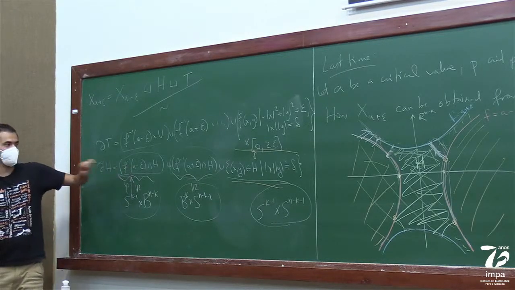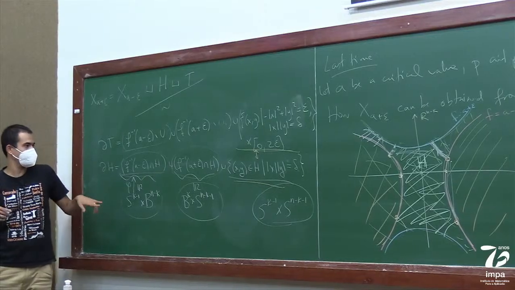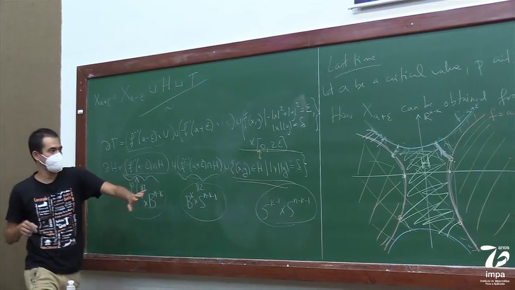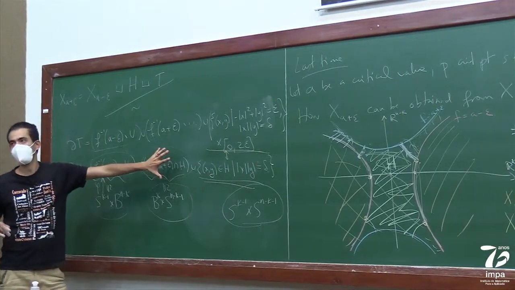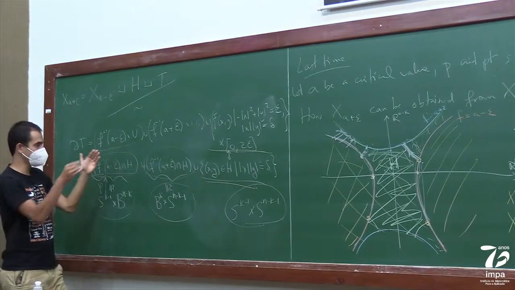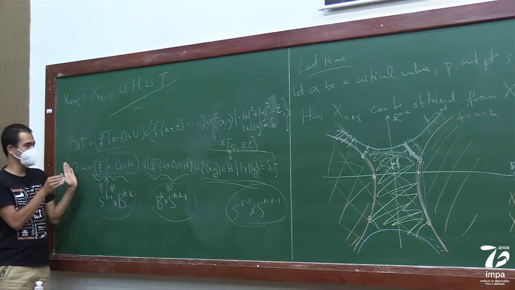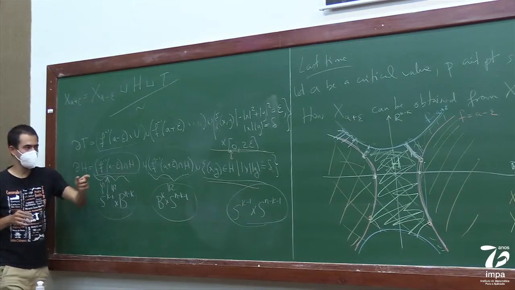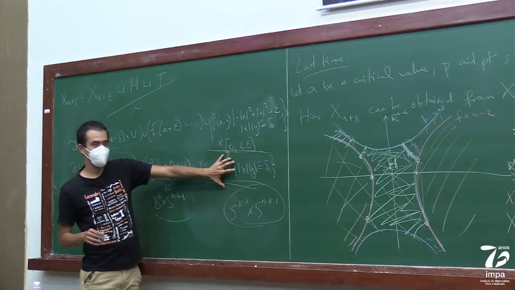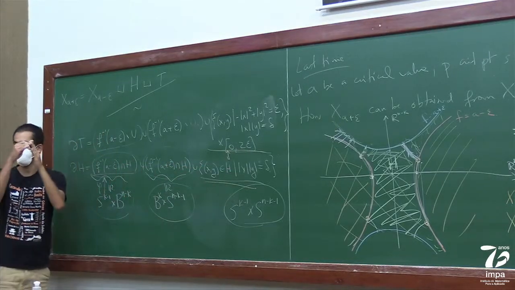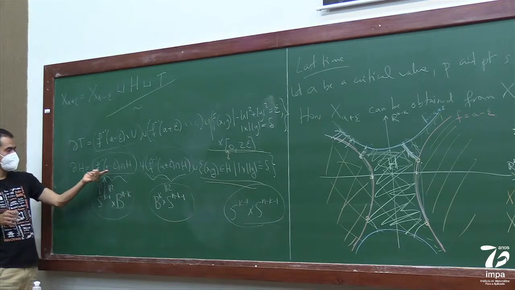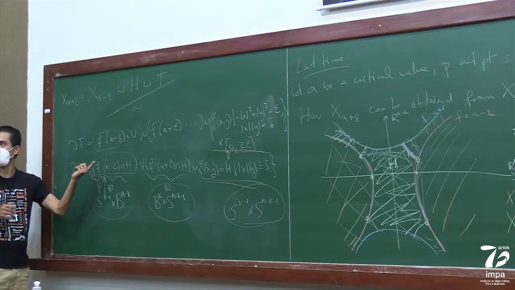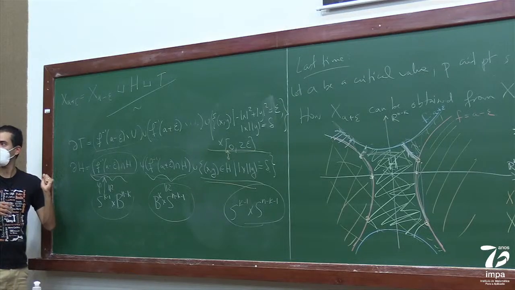I actually haven't changed this, but the quotient that I did doesn't do anything with this. It just collapses this part, but it keeps this part and this part intact. Now they glue to each other. On the original h, they don't touch. But after I collapse this part, these do touch exactly on the corner. And this part here is a part of the boundary of the original, so it's a part of f inverse of a minus epsilon.